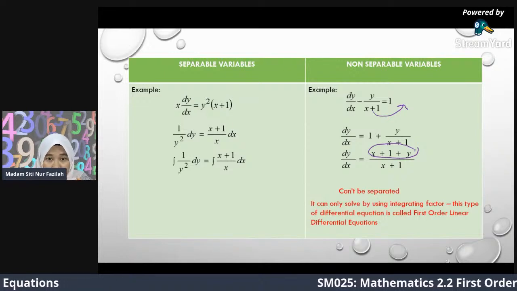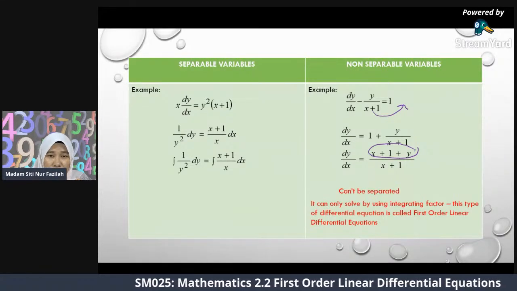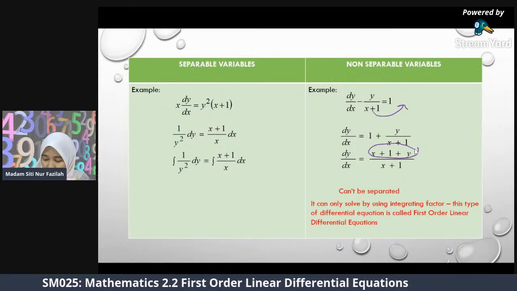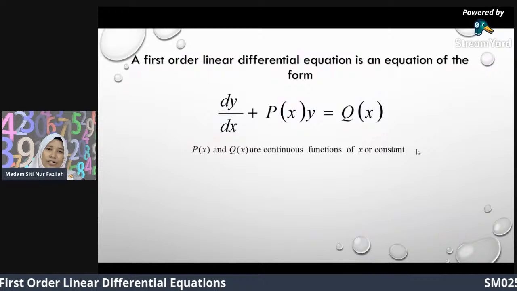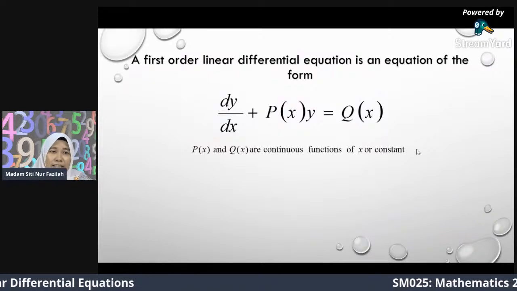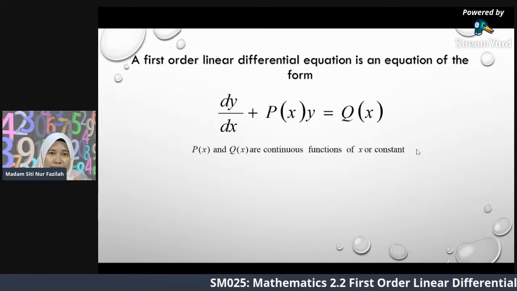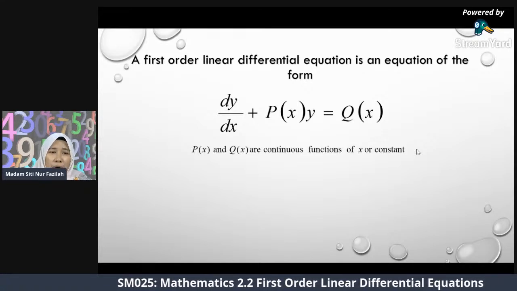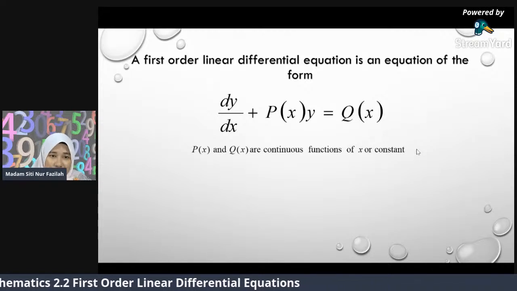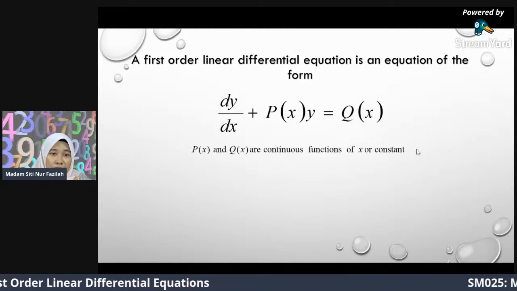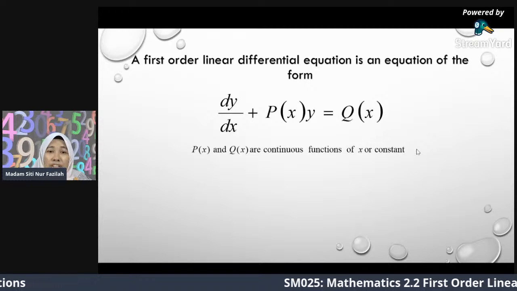We must understand what a first order linear differential equation is. A first order linear differential equation is an equation of the form, the standard form: dy over dx plus function p(x) y equal function q(x).